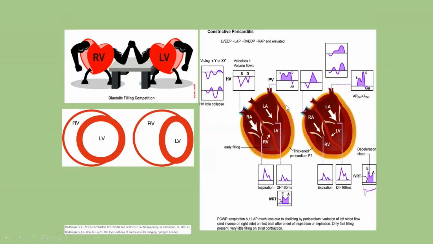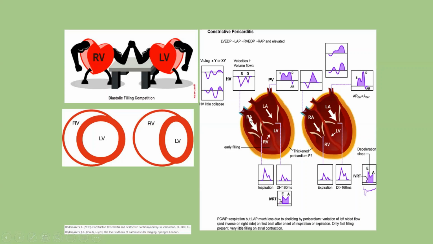Because the heart is constrained from the exterior. So they no longer expand, so they rely more heavily on the septal excursion. So the filling of one comes at the cost of filling of the other.